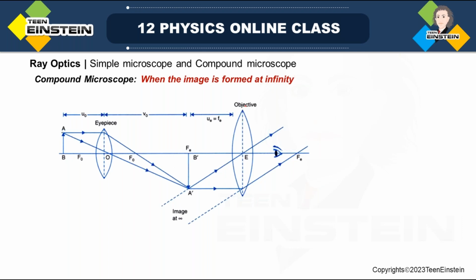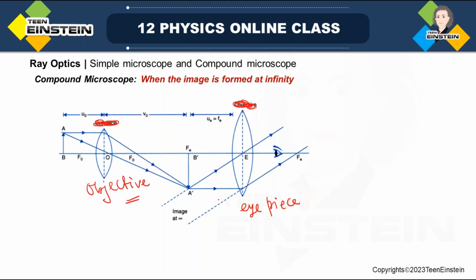I'm sorry, this is wrongly written here. The eyepiece is this one, and this is the objective.